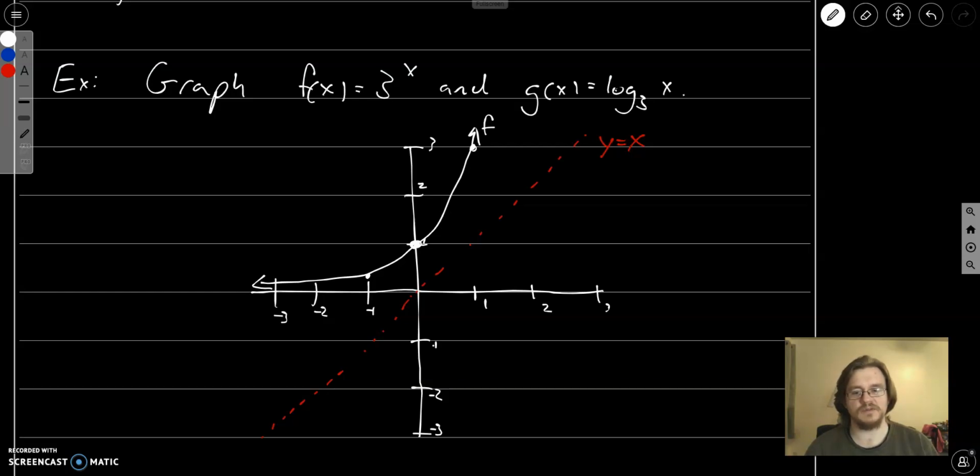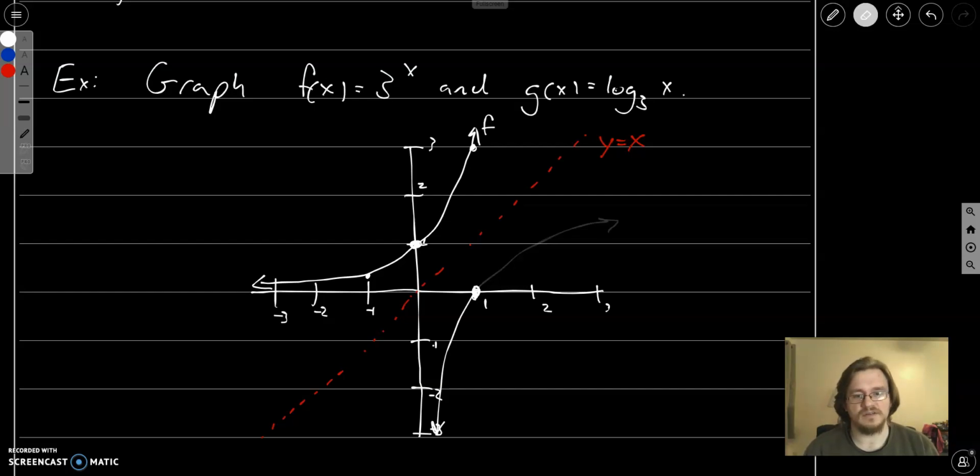It's going to be flipped over. So instead of passing through 0, 1, it's going to pass through 1, 0. And instead of getting closer and closer to the x-axis, we're going to get closer and closer to the y-axis. And here we sort of shoot up and away. Here we're going to shoot to the right.